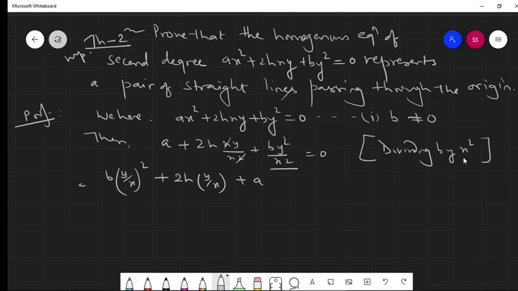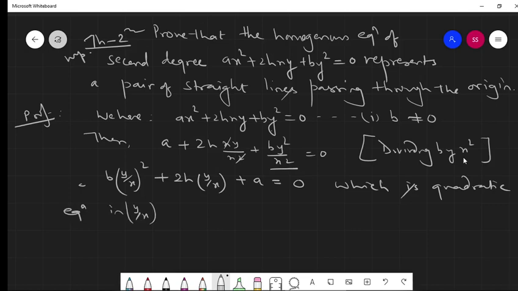This equation is a quadratic equation in y over x, like ax square plus bx plus c equal to 0, where the variable is y by x.